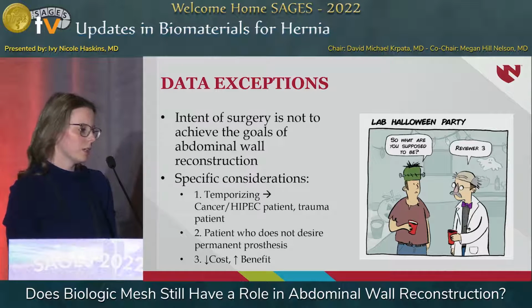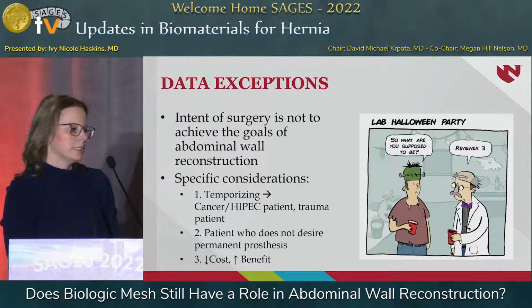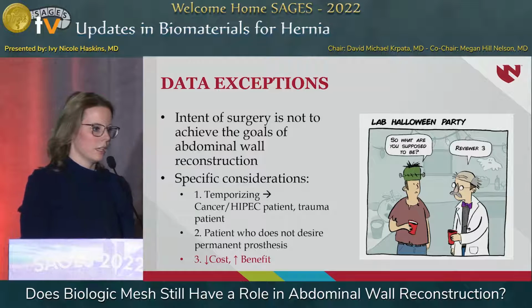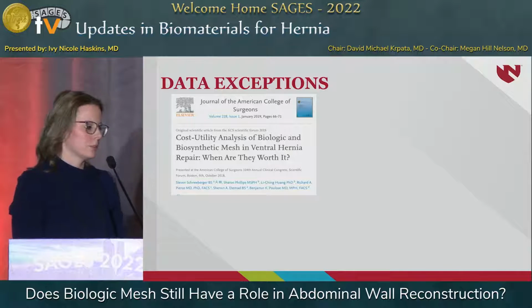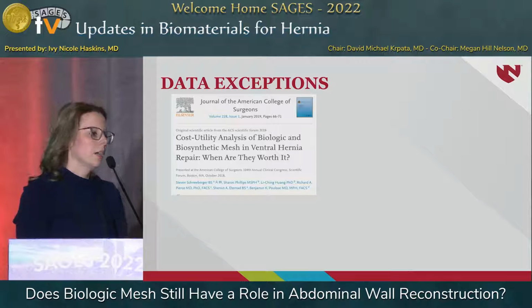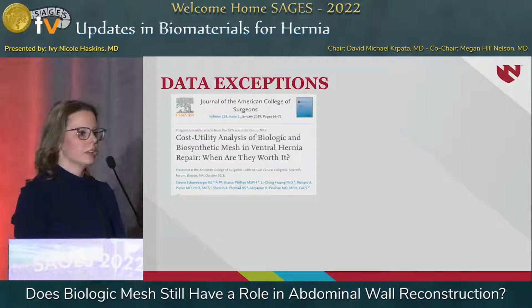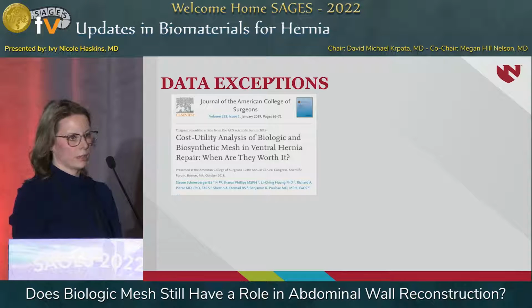And then something that I wanted to touch on briefly is bullet point number 3. As the cost of biologic mesh decreases, we may see an increase in the benefit or use of biologic mesh. So this is a study that was performed by Dr. Paulos' group, and he was looking at the cost-utility analysis of biologic and biosynthetic mesh.